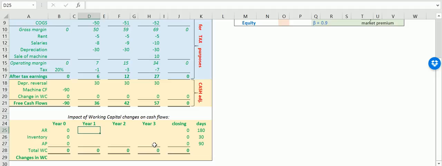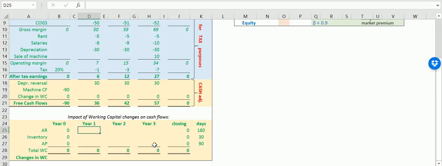Let's see here, accounts receivable. It says that it has a rotation of 180 days. That means that the last half year of my sales has not been paid or collected.